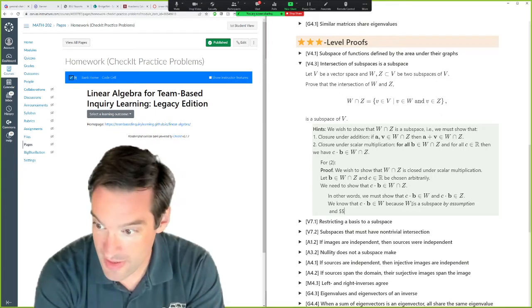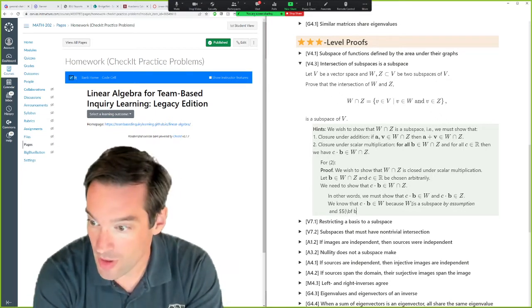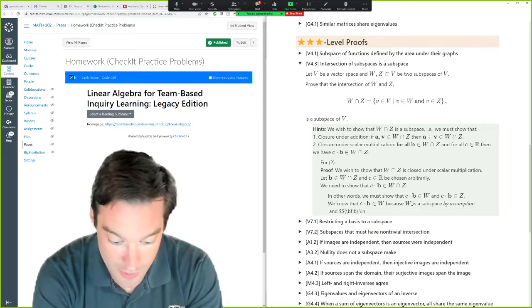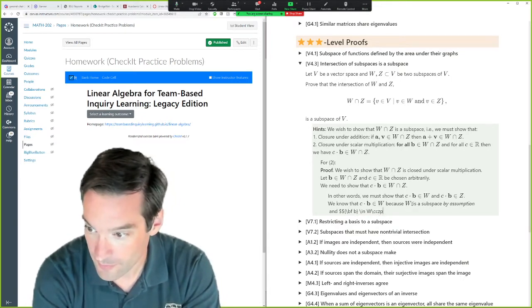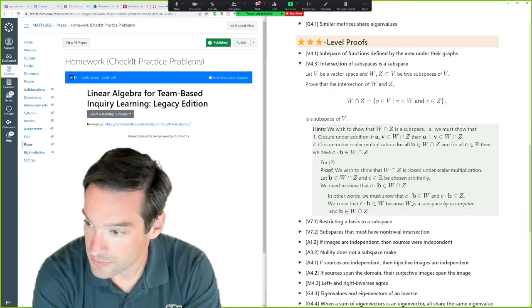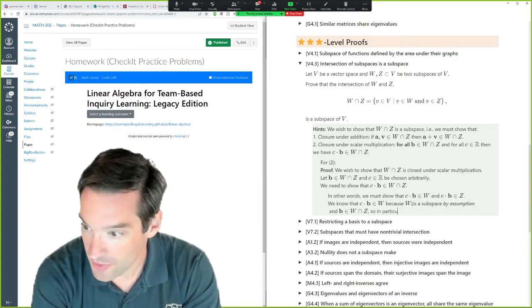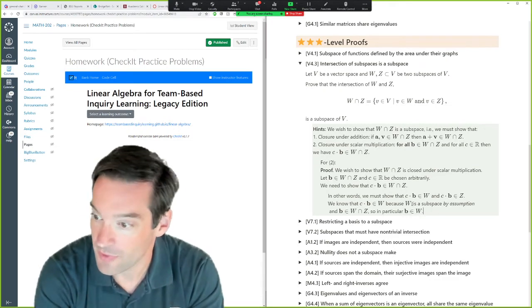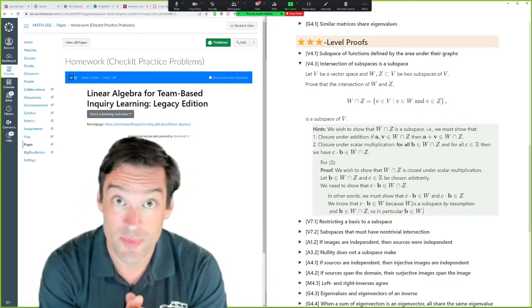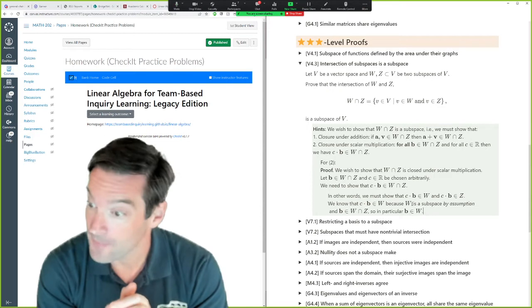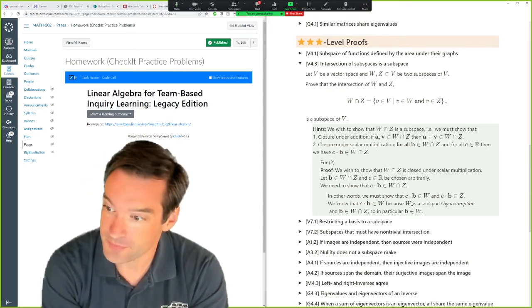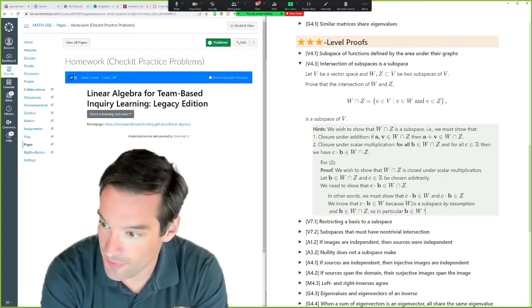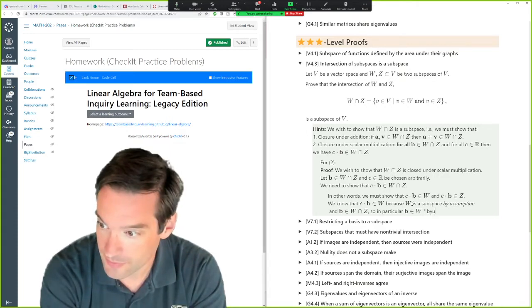And because b belongs to the intersection of W with Z, in particular, we know that b belongs to W, right? So b is an element of the subspace W. I'll say this is by definition of intersection.